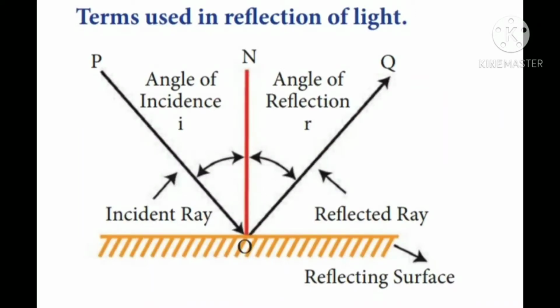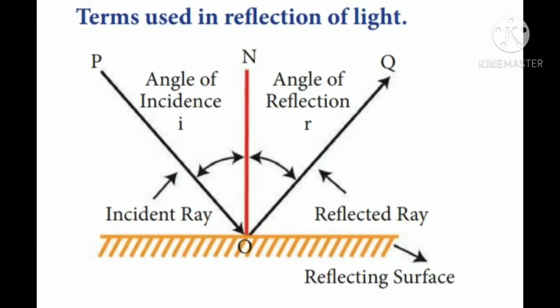Let us learn reflection of light in more detail. In reflection of light, many important terms are used, which we will learn from this figure. In this figure, a plane reflecting surface is taken and a normal line is drawn perpendicular to the surface. A ray of light PO that strikes the surface is called the incident ray, and the ray of light OQ bouncing back from the reflecting surface is called the reflected ray.